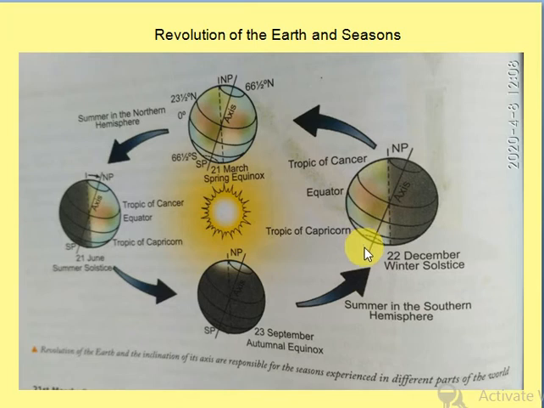Therefore, it is summer in the southern hemisphere, with longer days and shorter nights. The reverse happens in the northern hemisphere. This position of the earth is called winter solstice.